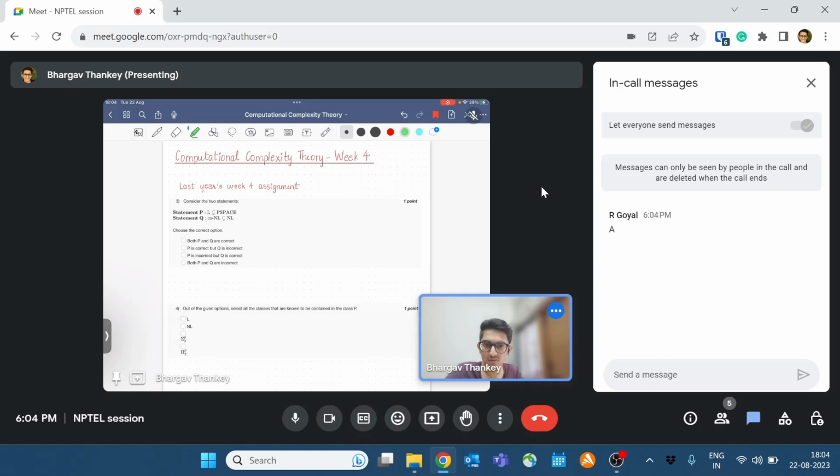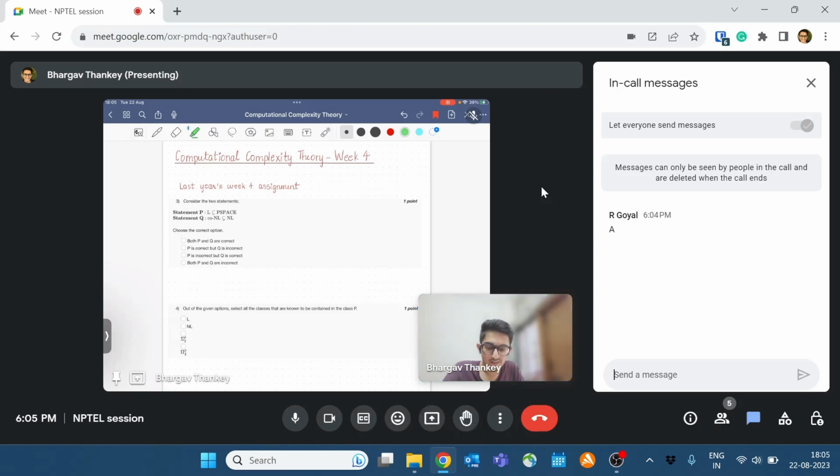Okay. So someone is saying A is correct. Why is A correct? Because NL is equal to co-NL according to the theorem. So therefore, co-NL is strictly contained in NL. So therefore, statement Q is correct. Okay, wait.